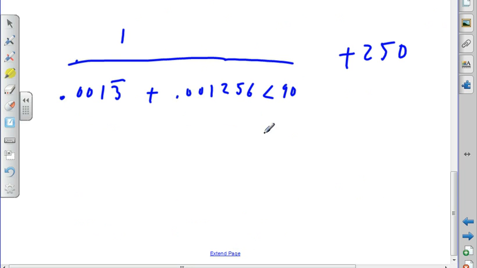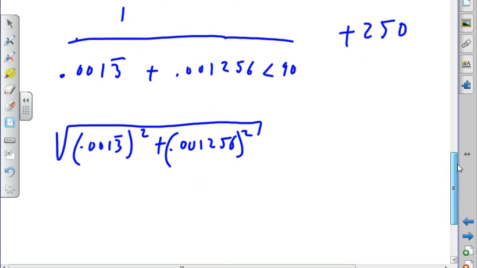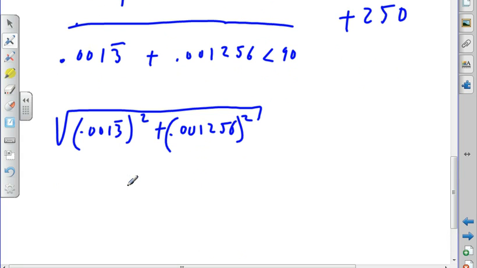Now I'm going to have to come up with the magnitude of the guy on the bottom. I'm going to use the Pythagorean theorem, take the square root of 0.0013 repeating squared plus 0.001256 squared, and I'm going to come up with the magnitude of what I have on the bottom. 1 over the square root of 0.0013333333 squared plus 0.001256 squared equals.